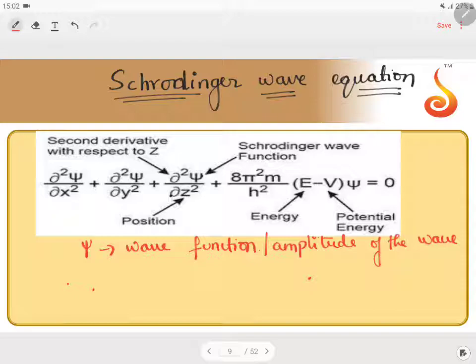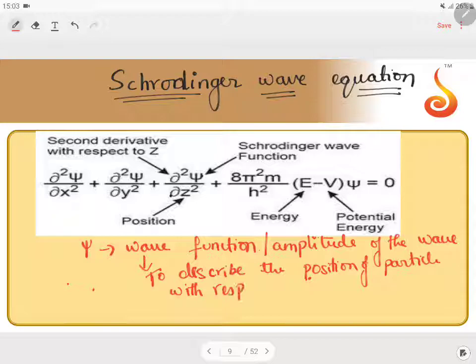To describe the position of the particle with respect to time.